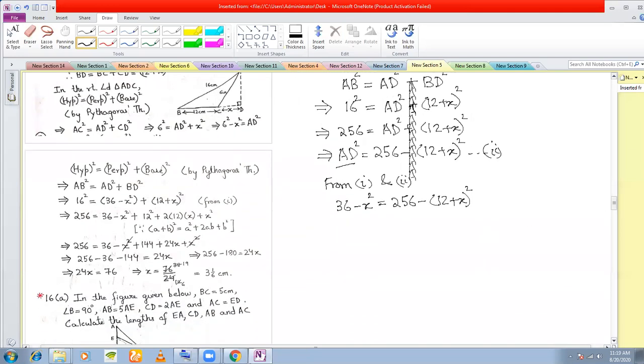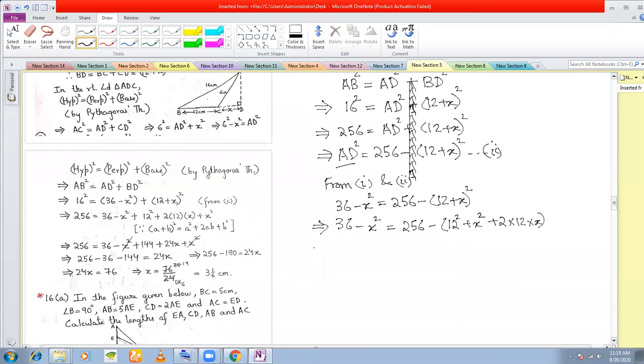Okay. So this means 36 minus x square is equal to 256 minus, you expand this by the (a plus b) whole square formula, 12 square plus x square plus 2 into 12 into x, the 2ab term.